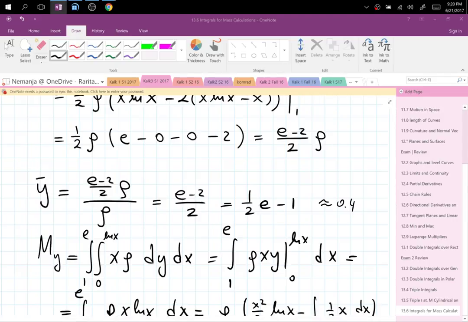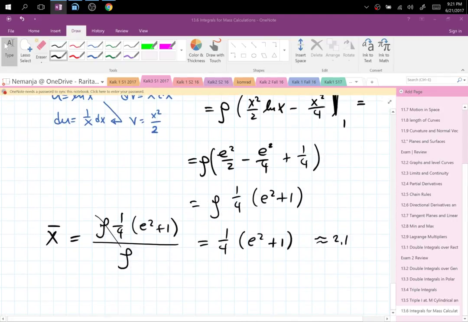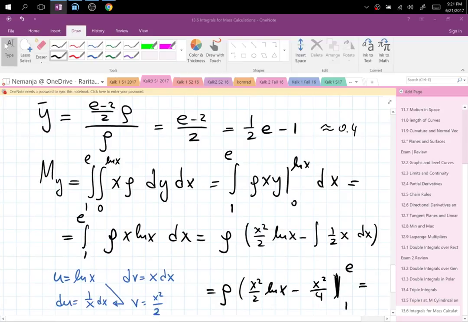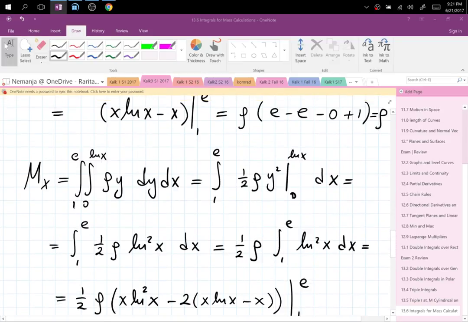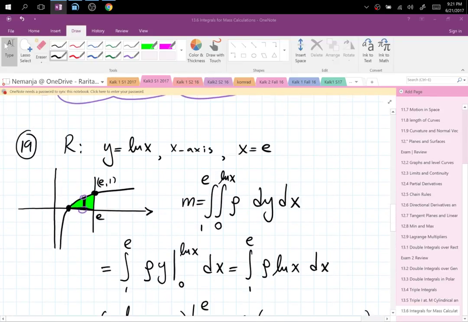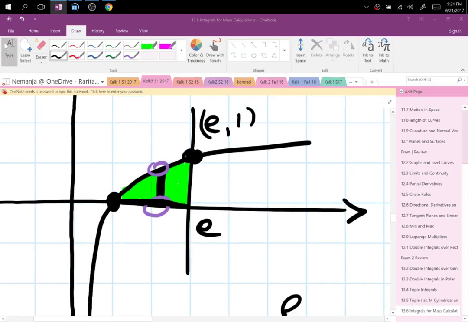Now, does the answer of 2.1 make sense? The answer is hell yes, because if you look at the shape right here, this is 1, this is e, 2.7, so 0.4 should probably be right there, which is good for center of mass because there's a lot of stuff happening here, and then it dies off on this side.